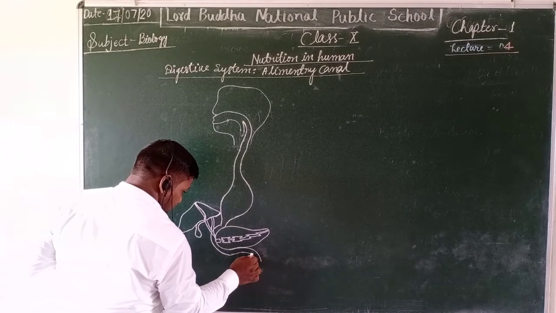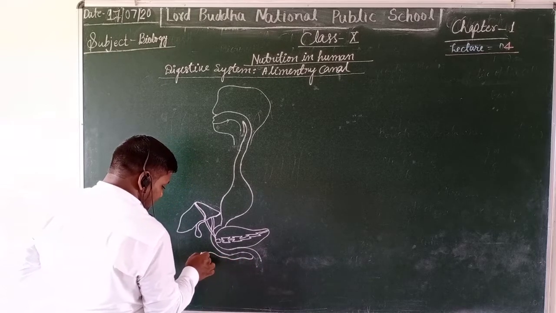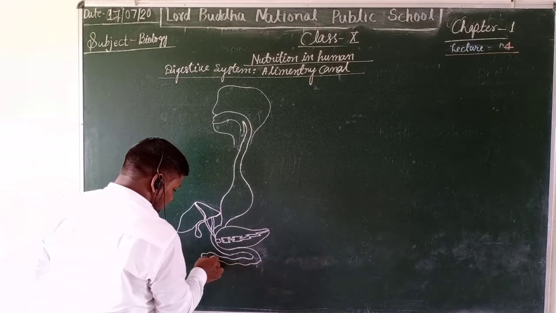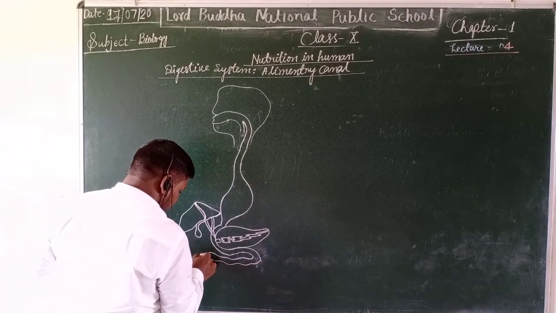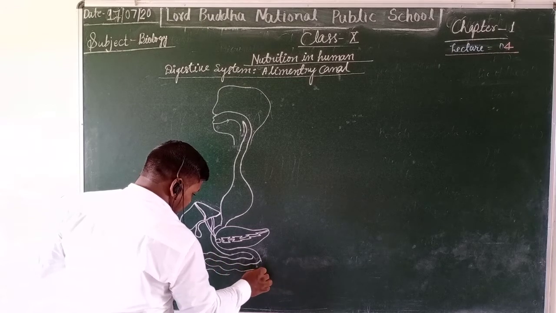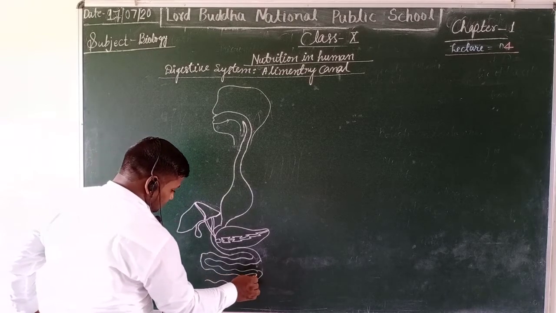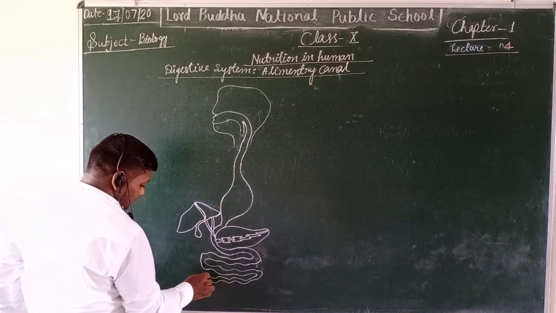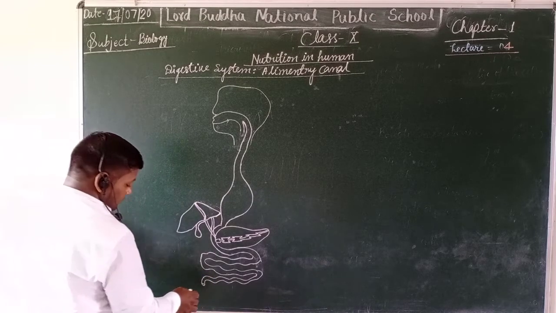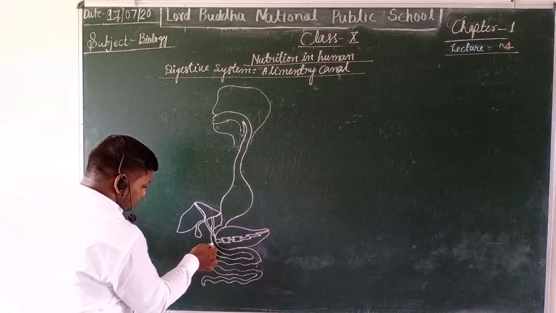This is the structure of the small intestine. The small intestine is very narrow, and it is about 6 to 7 meter long tube, which ends into a junction known as the ileocecal junction.